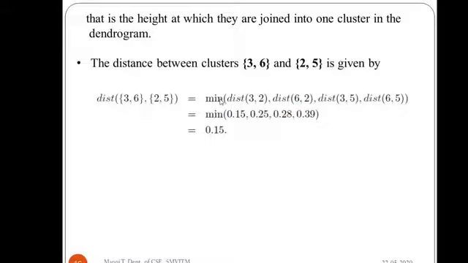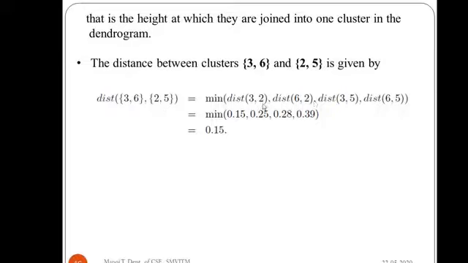Now suppose we want to calculate the distance between two clusters 3, 6 and 2, 5. How are we going to do it in the single link or min technique? You just take 3, 2, then 6, 2, then 3, 5 and 6, 5.